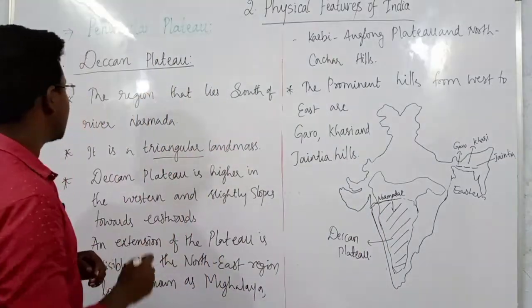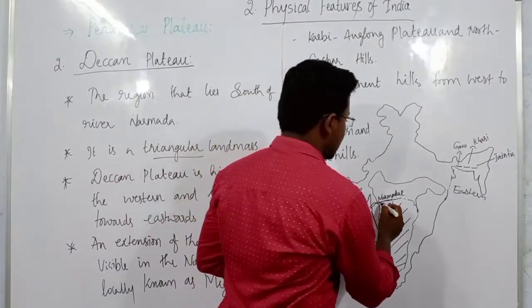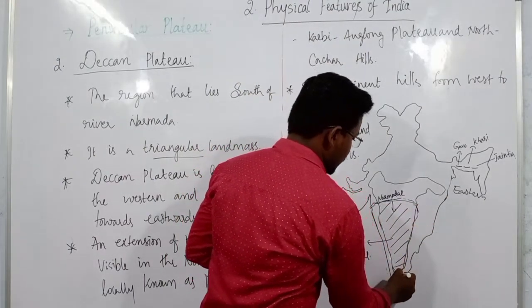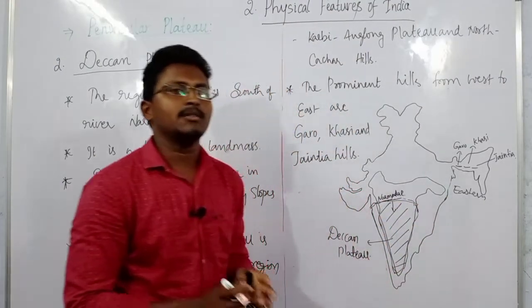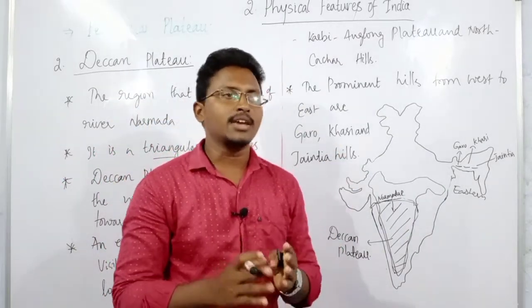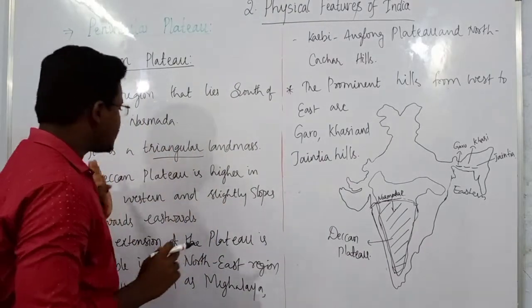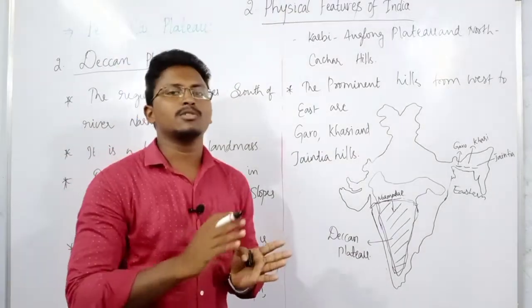The next point is that it is a triangular landmass. That means the Deccan Plateau looks something like a triangle. Then the next point is that the Deccan Plateau is higher in the west and slightly sloping towards the east.